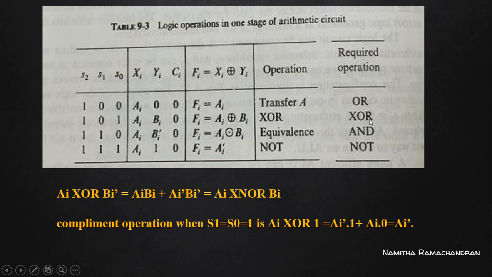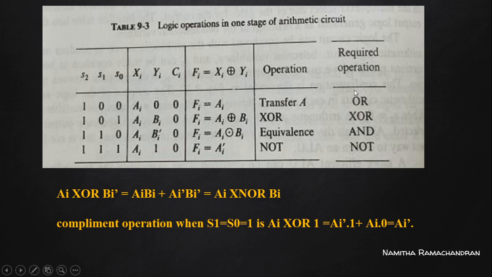The expected logical operation is XOR, and the obtained operation is also the same XOR operation. So two expected logical operations are directly available here by making proper input substitution over the Xi and Yi of our full adder.